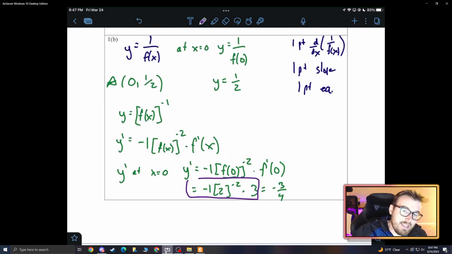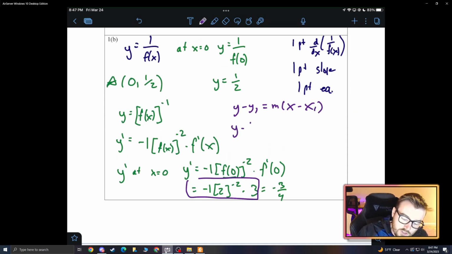So when I go to write the equation of the tangent line, what am I doing? y minus y1 equals m times x minus x1. That's point slope form. So y minus 1/2, where'd that come from? The fact that we solved for the point earlier in the problem, equals, and again, just to prove my point, I could write negative 3/4 here, right?